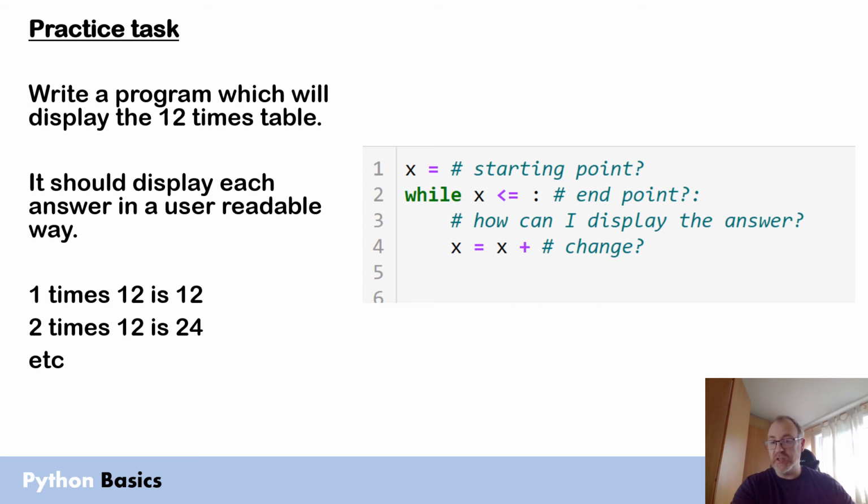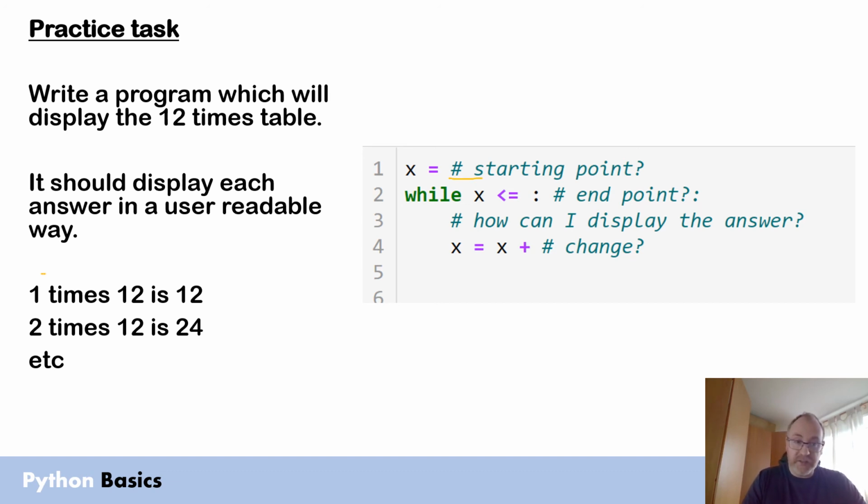So it's now your chance to actually do some coding, so it's a good time to stop and practice. What I want you to do is write a program which will display the 12 times table. So you need to consider the following things. First of all, you need to consider what the starting point is. So where is it starting?